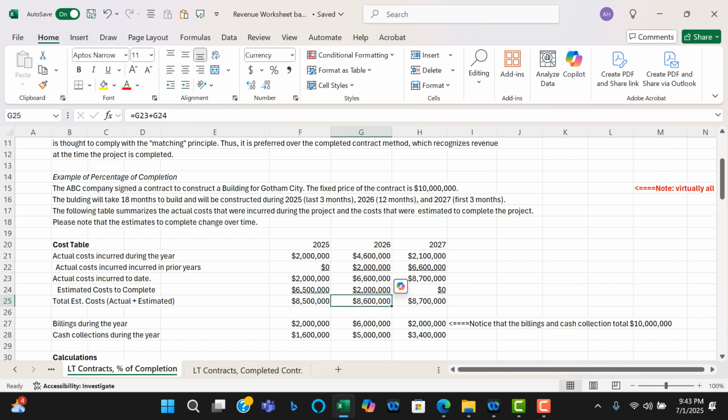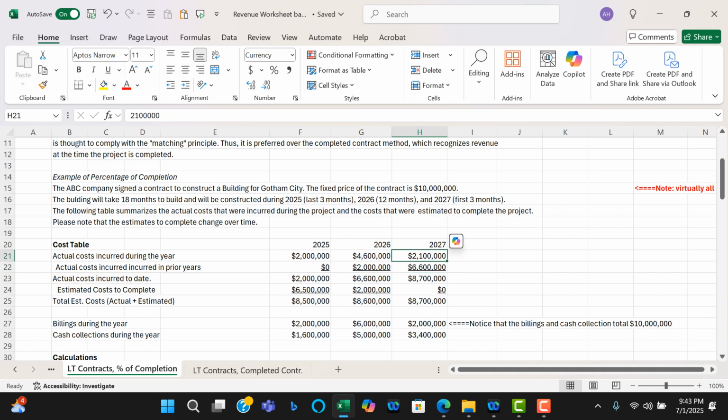Now they get to 2027, and in a sense, you'll see that the total costs have gone up by $100,000 right there. That's because in 2027, they actually incur 2,100,000, which is more than what they thought they would incur, which was 2 million. Okay, and then they take what they actually incurred. By 2027, the project is finished.